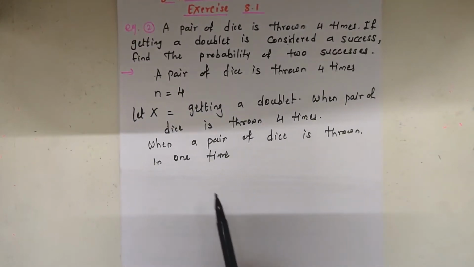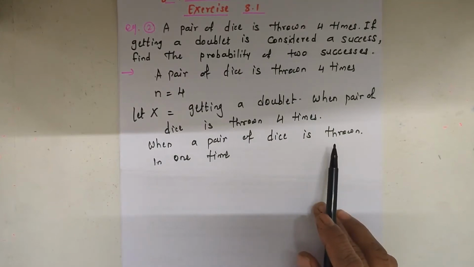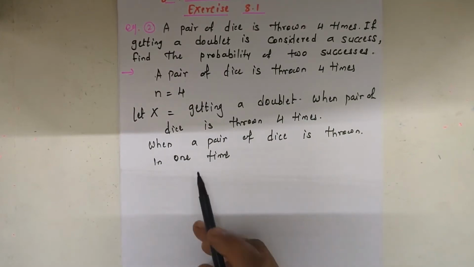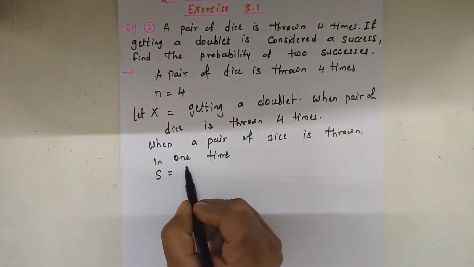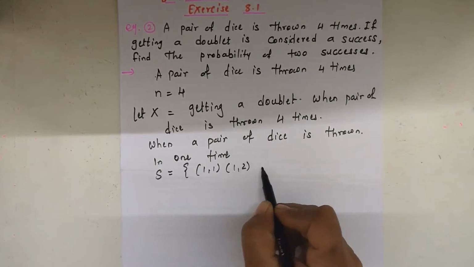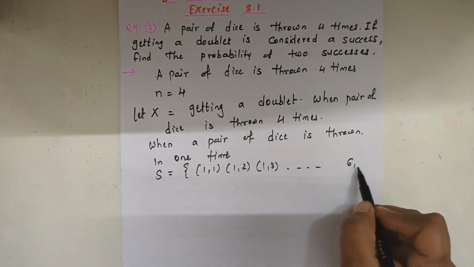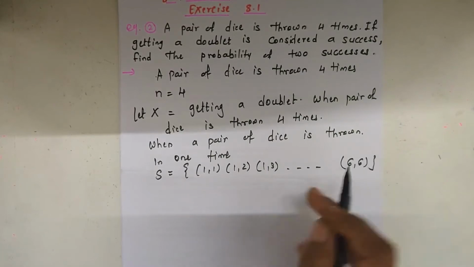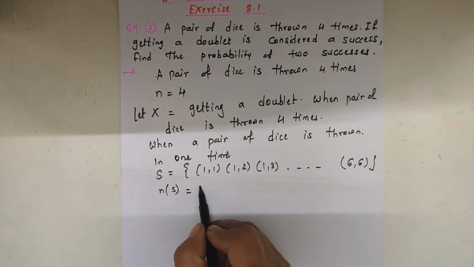Now we know that when a pair of dice is thrown one time, for a single trial, the sample points S are 1 1, 1 2, 1 3 up to 6 6. That is, the number of sample points n of S is equal to 36.